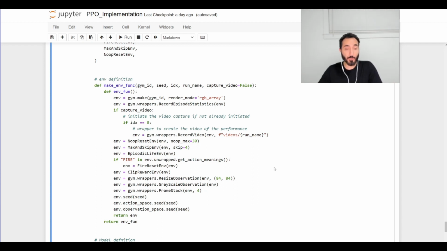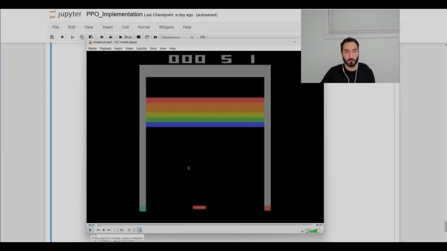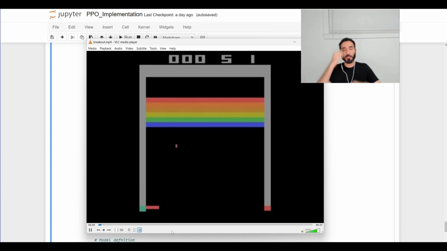But after you get the convergence, you will get some good results. In fact, let me find some good results from before, after we train the model, and show it to you. Okay, so this is the result of the training with the same implementation, but the Breakout game.